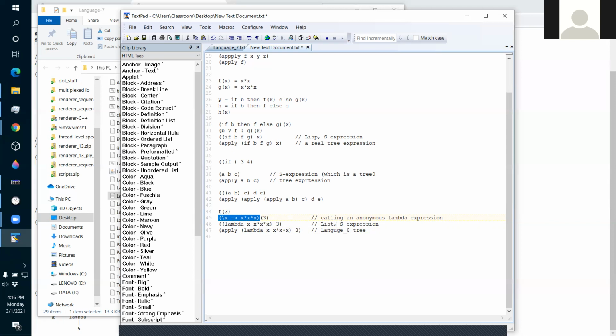F is the function that takes in a number and cubes it. Notice that if I change that to that, it's the same function. That doesn't change the function in any way. It's not a function of x or a function of y or a function of z. It's the function that takes in one number and cubes that number. So it doesn't matter what I call it.